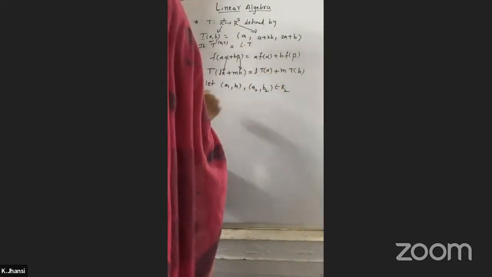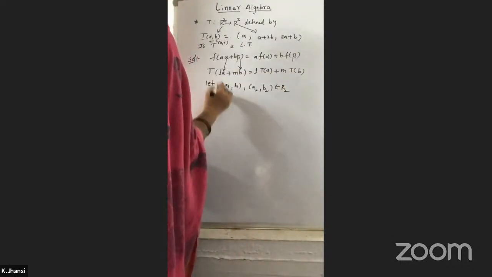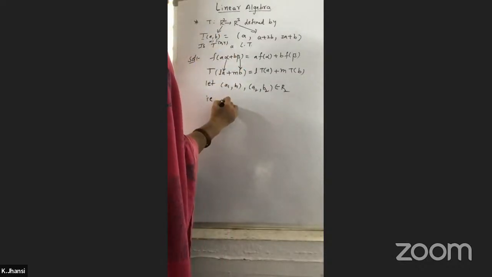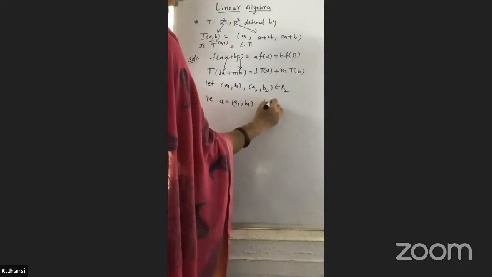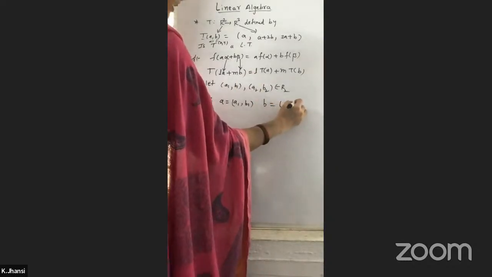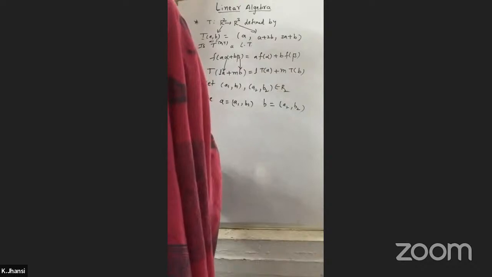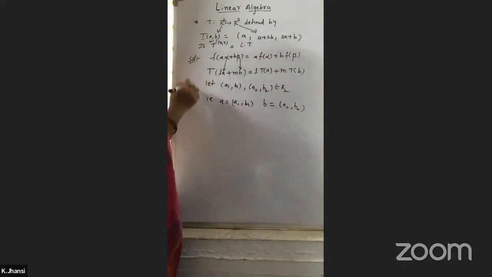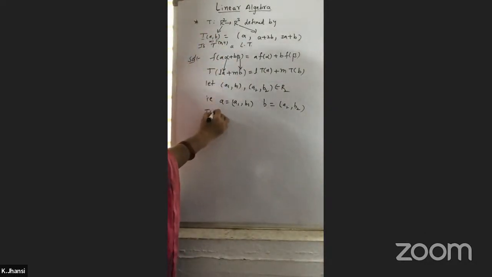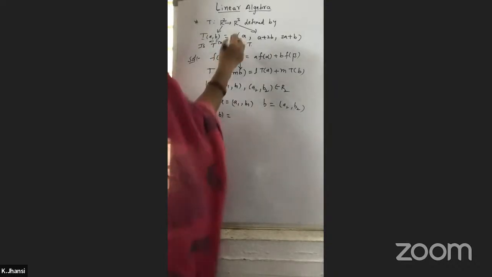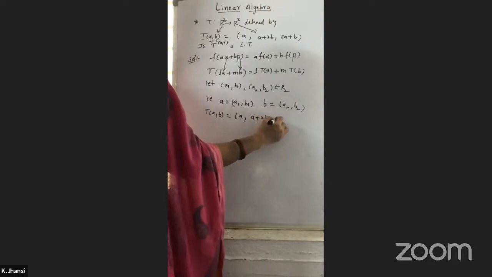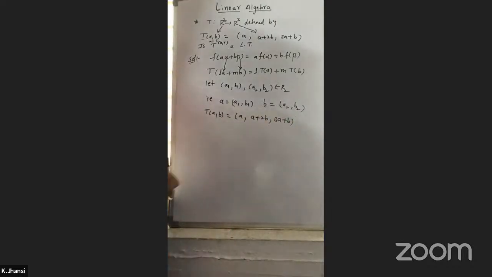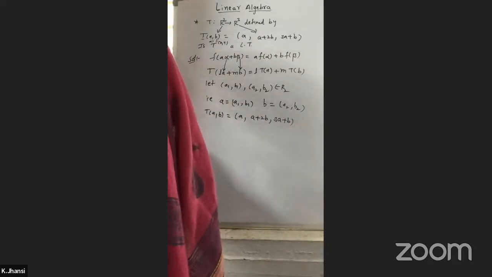We can write A equals A1 comma B1 and B equals A2 comma B2. And T of A comma B is defined as A comma A plus 2B comma 3A plus B.